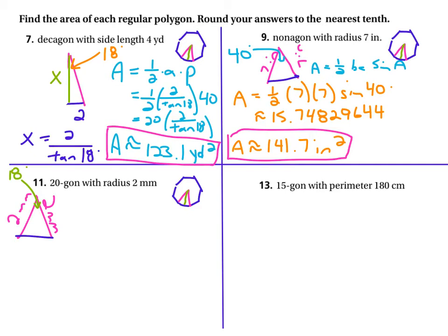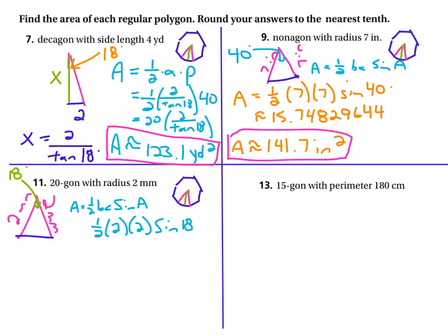So then we can use that formula, which is area equals 1/2 bc sine A, and say, okay, that means 1/2 times 2 millimeters times 2 millimeters times sine of 18 degrees.